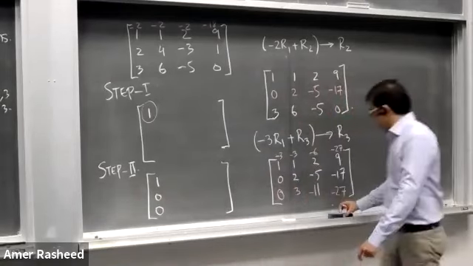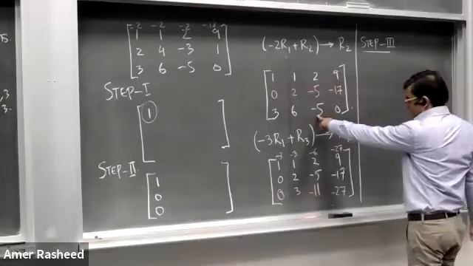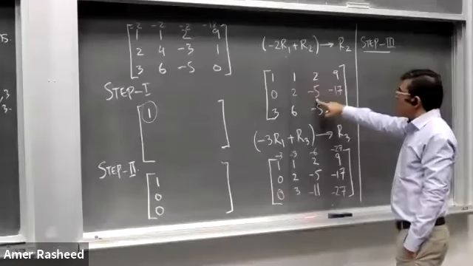Excuse me, sir. Sir, second row, third column, instead of -5, shouldn't it be -7, I guess? Which one? Here? Sir, the top left should be -4. You are multiplying equation 1 by -2, so the third column should be -4 in the new equation, not -2.